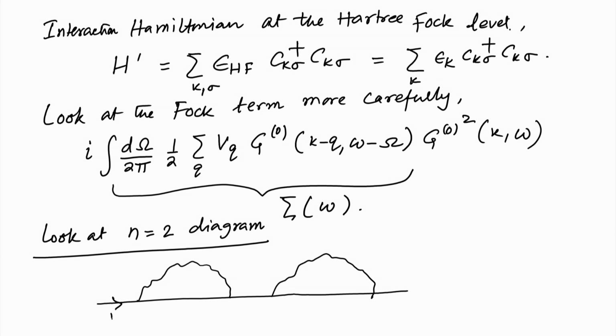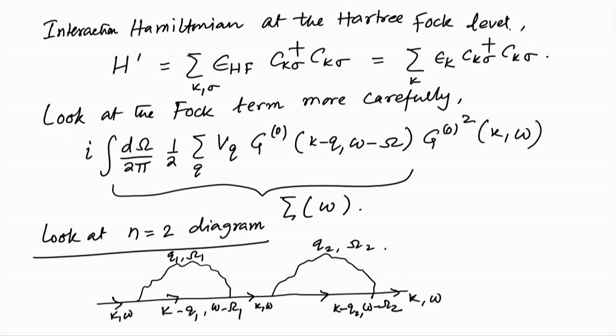So, there is a k omega, there is a k 1 minus q 1 omega minus omega 1, there is again k omega, there is now k minus q 2 omega minus omega 2, and then there is a k omega, and this one carries a q 1 omega 1, and there is a q 2 omega 2.